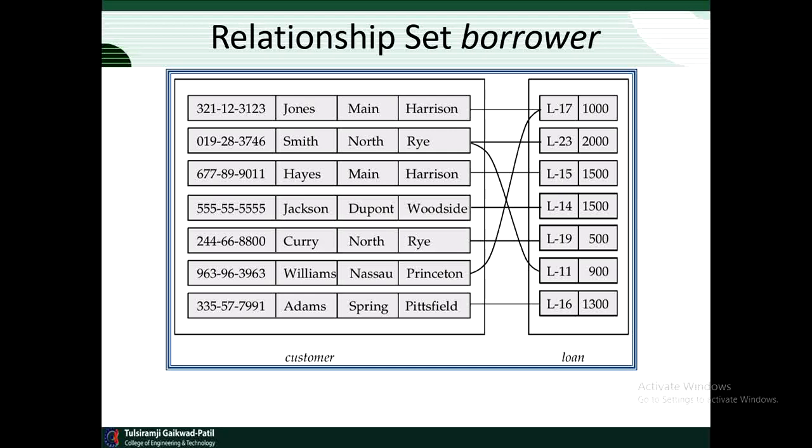Two loan numbers are allocated to Smith, and those are L23 and L11. So which customers are borrowing which loans is represented by this borrower relationship among these two entity sets.